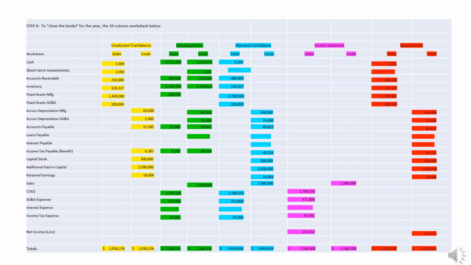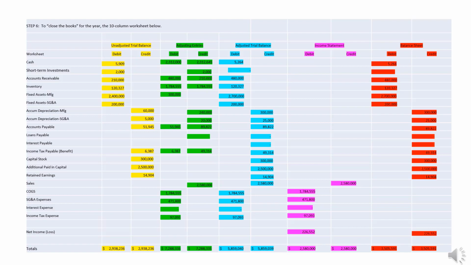The next step in the process of building our budget is to reflect our 10-column worksheet. This is a tool that accountants use to go from an unadjusted trial balance to the actual production of financial statements. I've color-coded each set of columns for you so you can see how they interplay with each other.